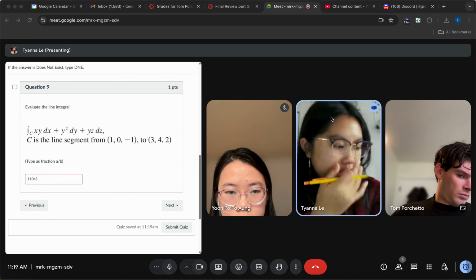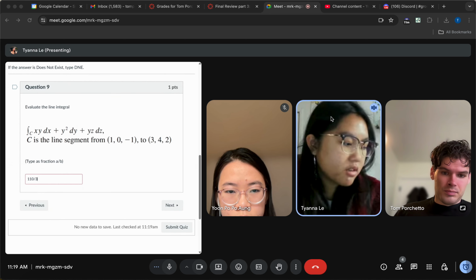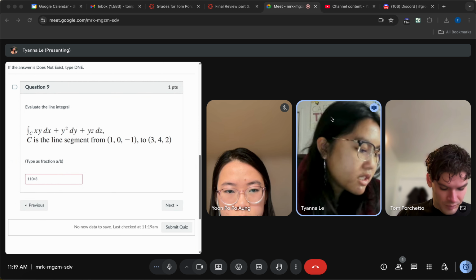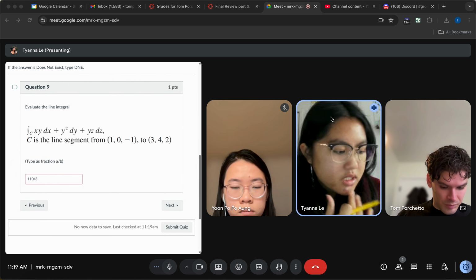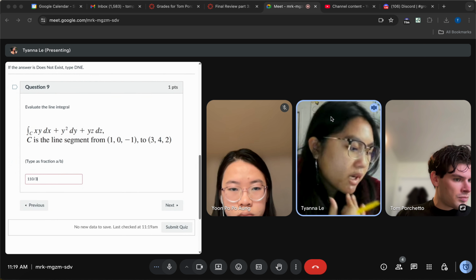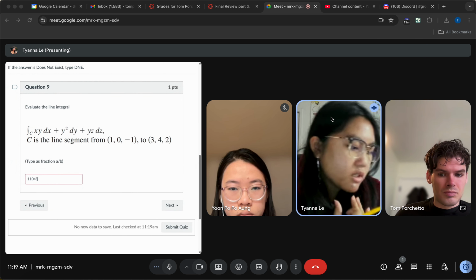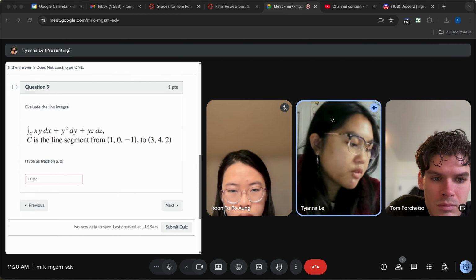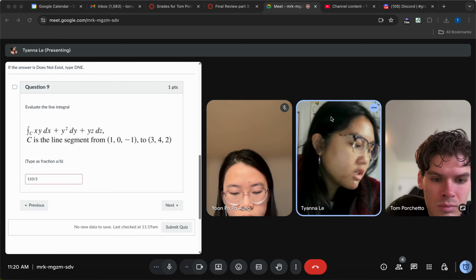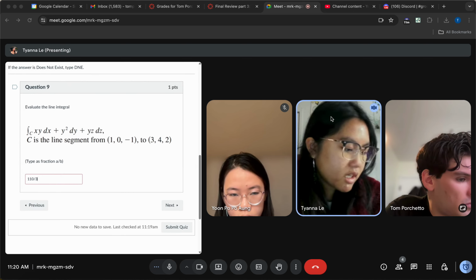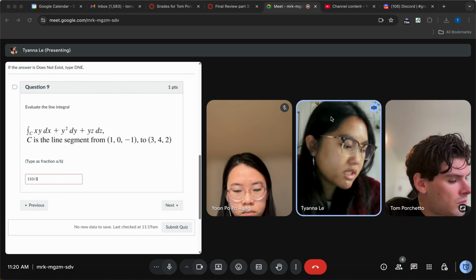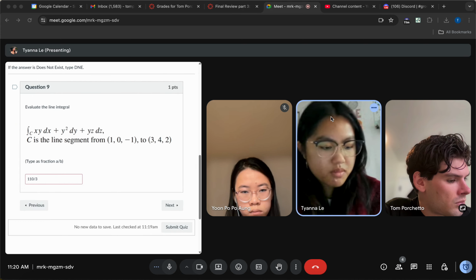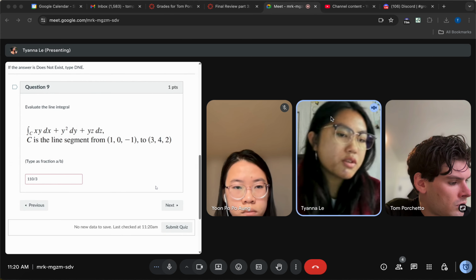Find dx, dy, dz in terms of dt, and then substitute all that into the integral. So then you'll get xy dx equals 8t plus 16t squared dt, y squared dy equals 64t squared dt, and then yz dz equals negative 12t plus 36t squared dt. Combine like terms, you'll get negative 4t plus 116t squared. Plug that into the integral and integrate from 0 to 1. That'd give you 101 over 3.